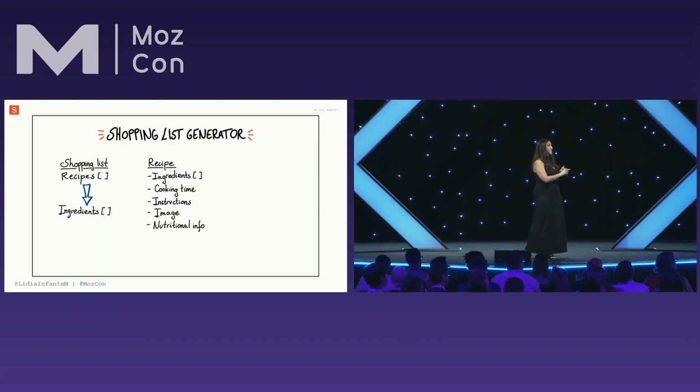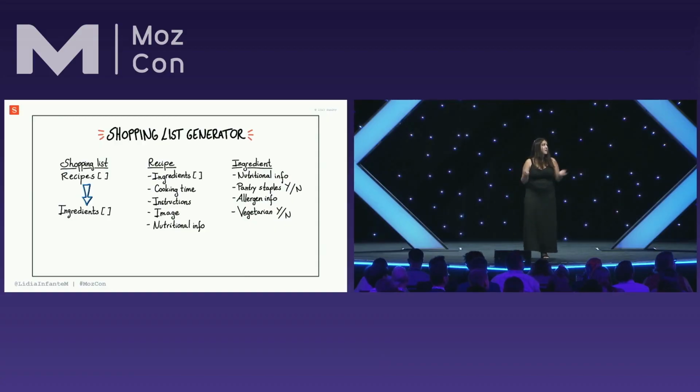Cooking time, it has instructions, it has an image, it has nutritional info. If you work in a recipe site, you're familiar with this because it's very close to the recipe schema that you're working with. And then each of the ingredients has nutritional info, whether or not they're a pantry staple, so we don't buy olive oil every time that a recipe asks for olive oil, allergen info, and because he's vegetarian, whether or not he can eat it.